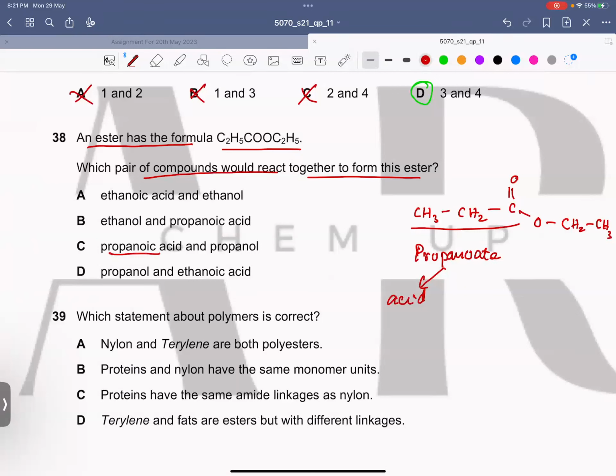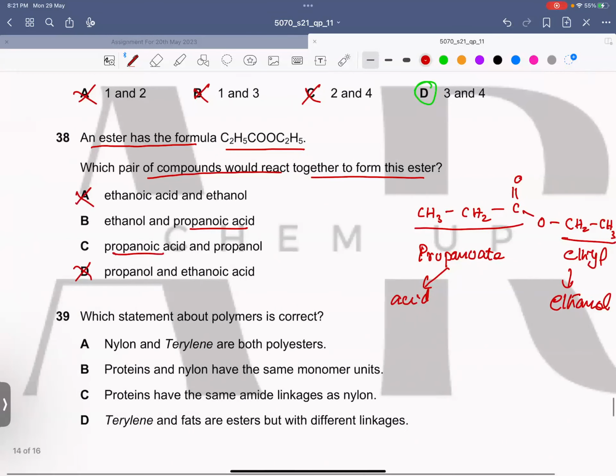So here is a propanoic acid and here is a propanoic acid, which makes A and D wrong. Now here there are 2 carbons, which makes it ethyl, and ethyl comes from ethanol. So C goes wrong and D is your correct answer.